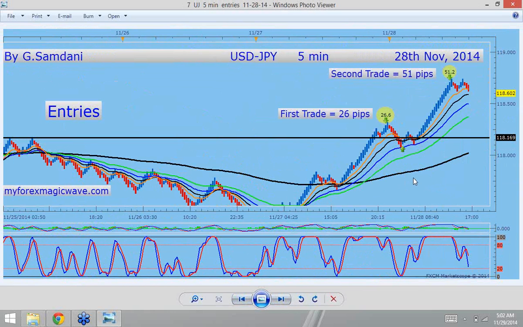So EUR-USD saw 70 pips here, 2 trades. I did 1 trade here, or I could have done 2 trades here. If I have 2 entries, I calculate them as 2 trades. 2 entries, and sometimes 3 or 4 entries I do when I see a very solid setup with the trend. So this is what it is.